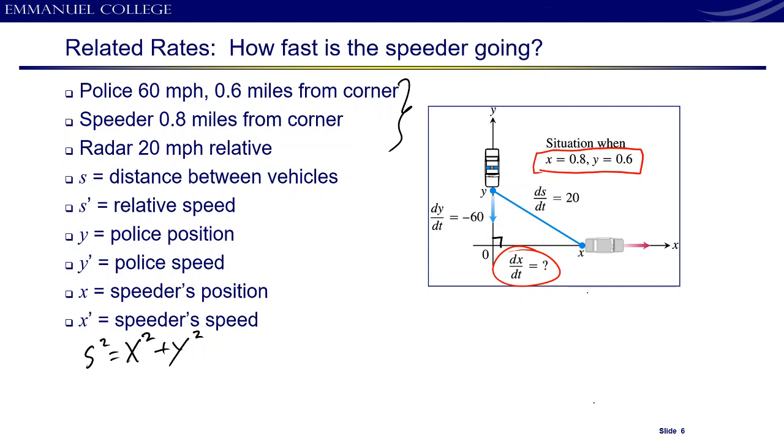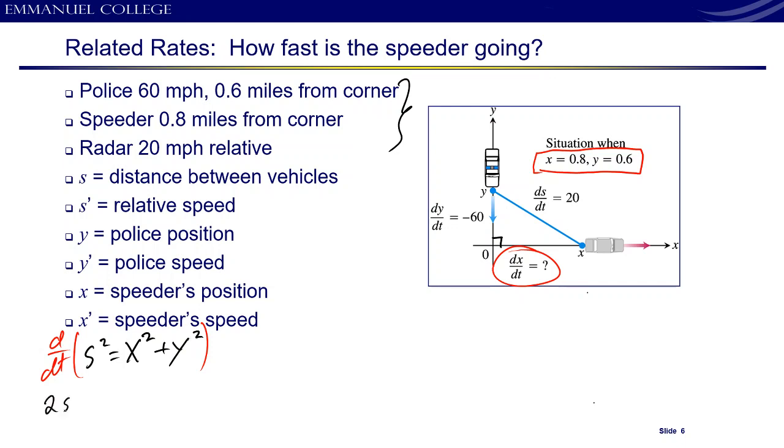So remember, we're after dx/dt. Now what we've got to do is take the derivative of both sides. And this one's all nice because if I take the derivative with respect to t, all these are just a variable to the power of 2.